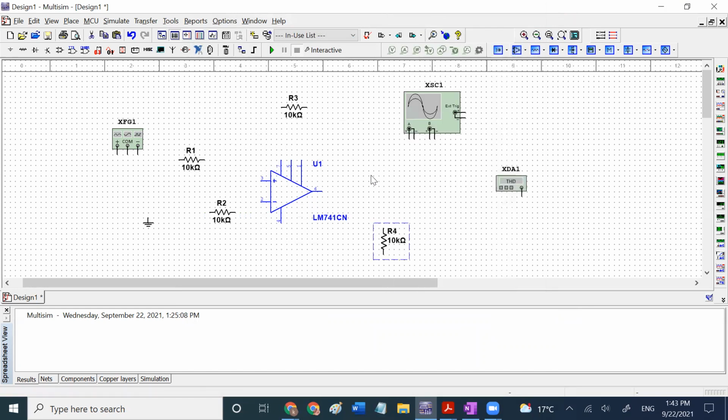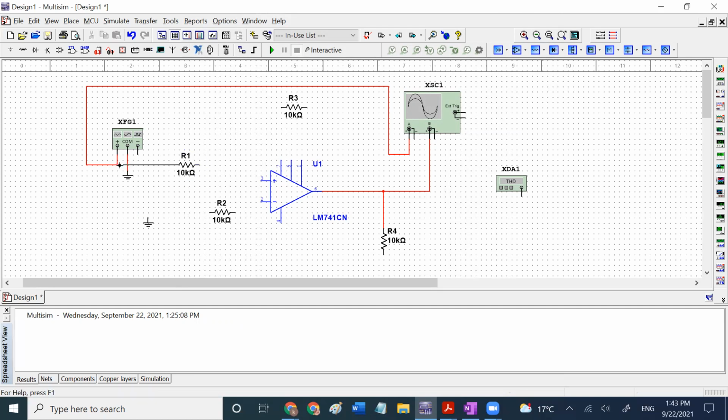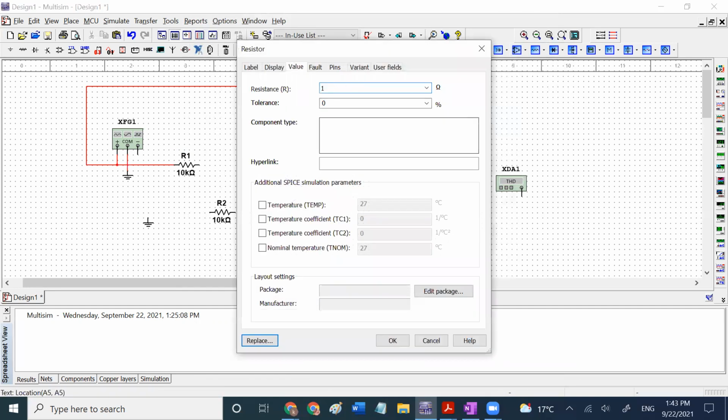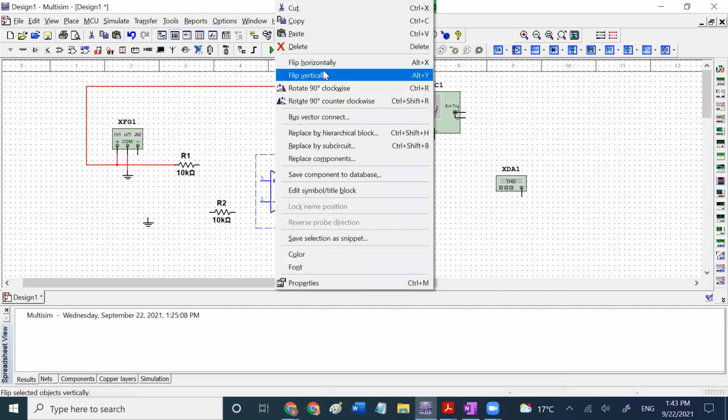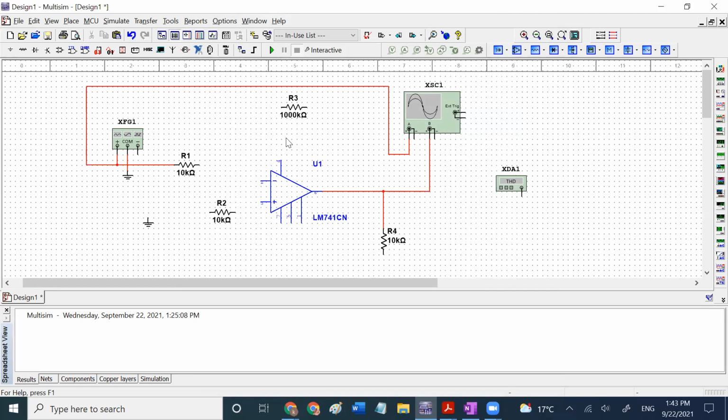Here, our load is going to be here. This is 1000K.